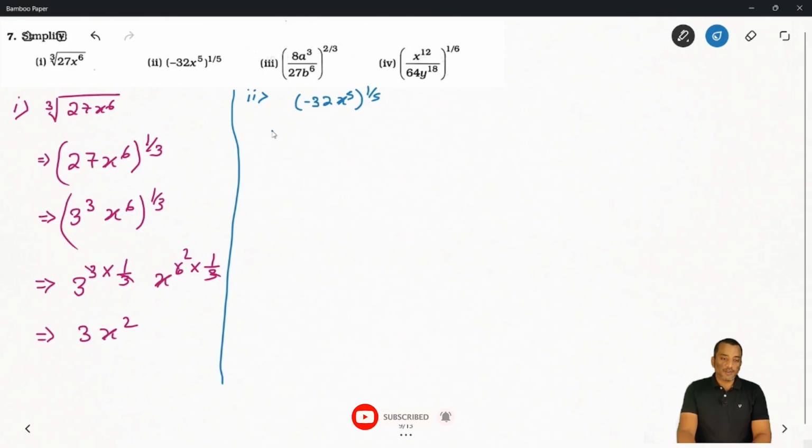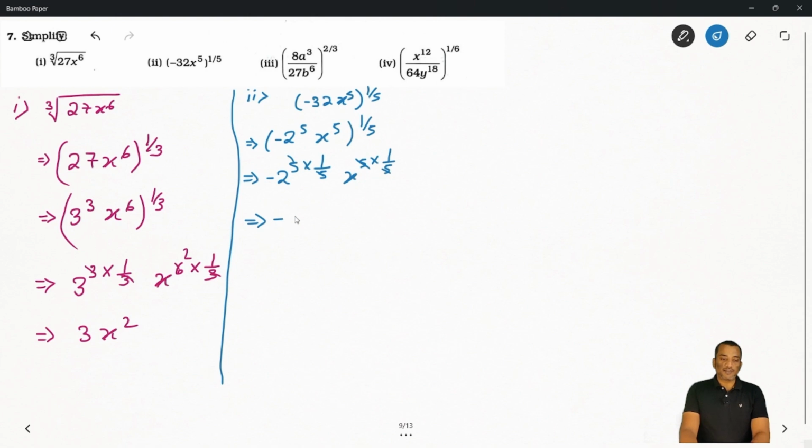So you can say this is equal to minus 2 to the power 5 times x to the power 5, and the whole is 1 by 5. Okay, so now you can apply the power rule. So you can say minus 2 to the power 5 times 1 by 5 and x to the power 5 multiplied with 1 by 5. So the 5 gets cancelled. This 5 also gets cancelled. So you can say minus 2 to the power 1 and x to the power 1. So you can say 2x.